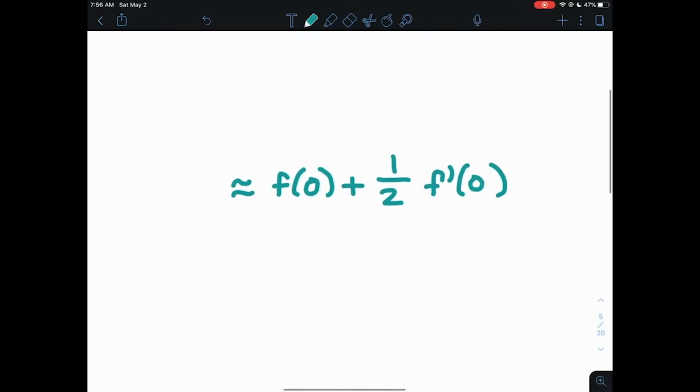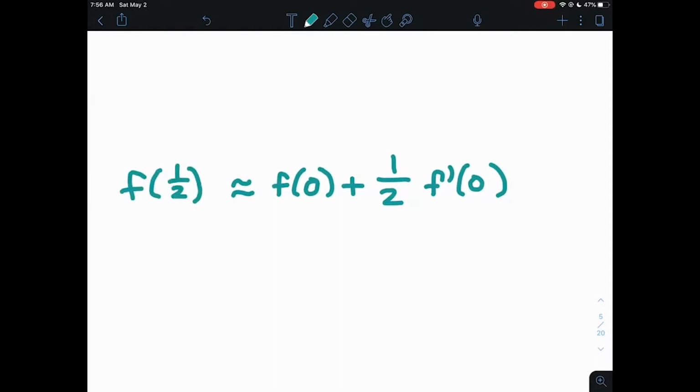So let's say that we start at f of 0. And then we start moving from f of 0 using the derivative at 0, using the slope of the tangent line at 0. And we do that for a distance of 1/2. That would give us an approximation for f of 1/2.